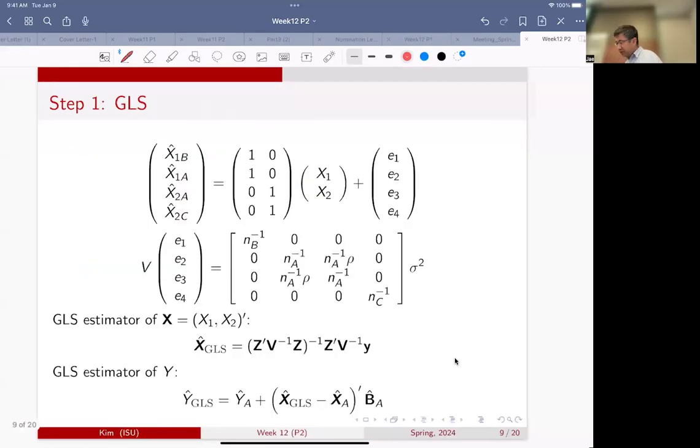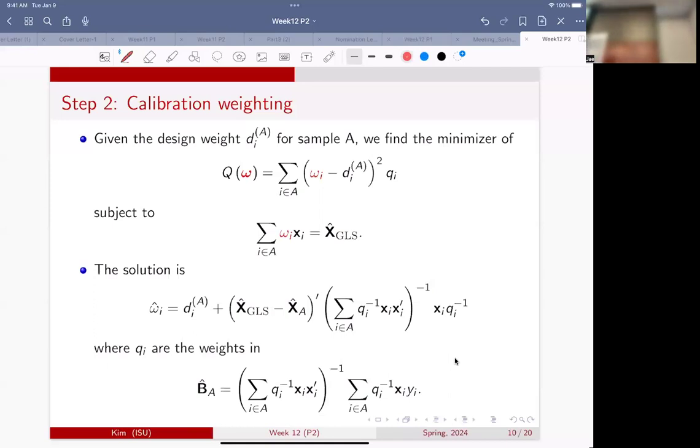Then the second step is what? Same thing, right? Since I know this GLS estimator already, I want to construct a calibration weight that satisfies the calibration constraint to the GLS estimator. The only thing is how to construct the objective function, but the objective function should be centered to the design weight.